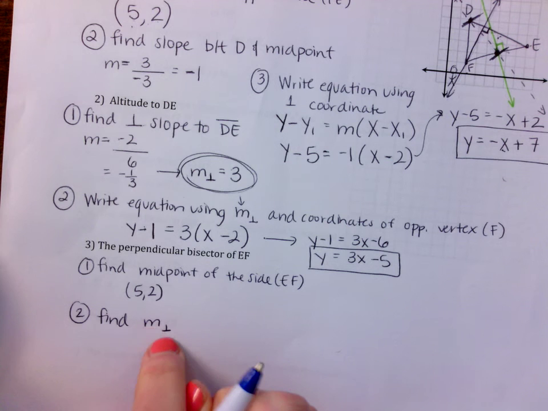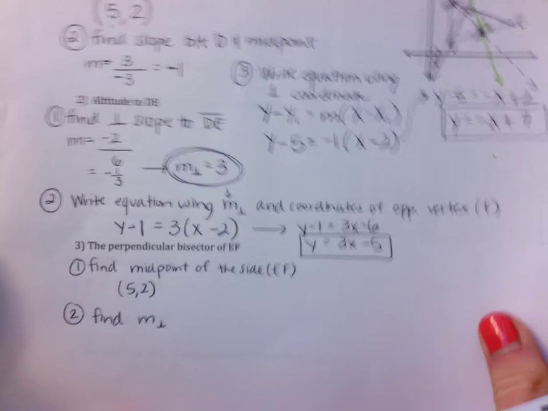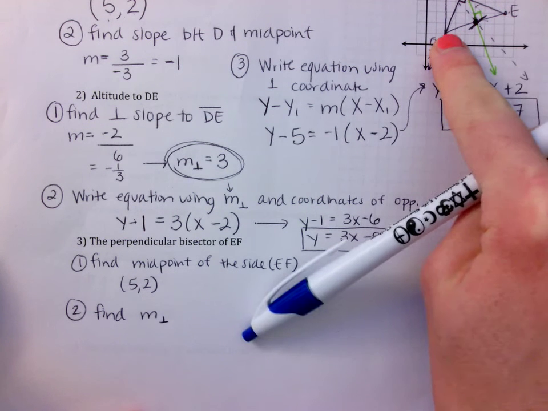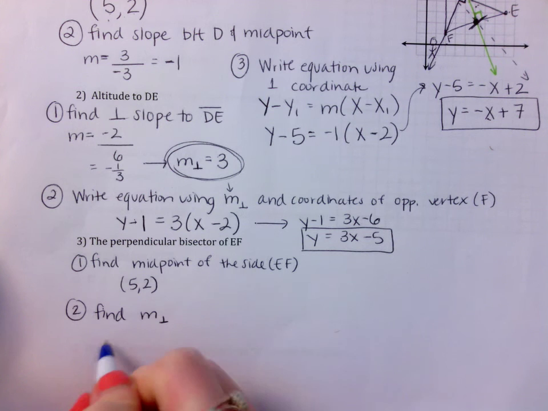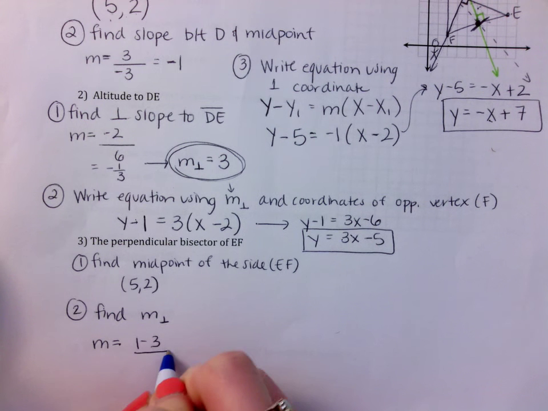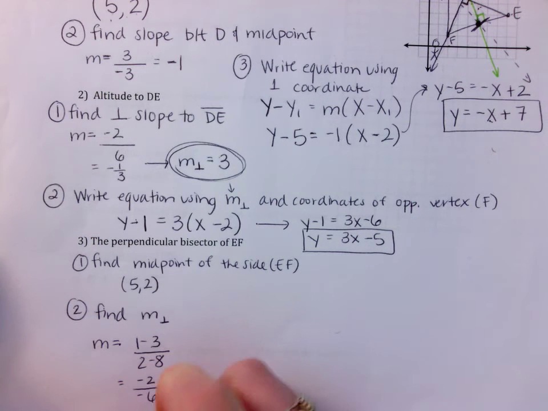Again, this notation just means perpendicular slope, and to do that, we're going to have to find first the slope of EF. We have the coordinates for that. They're up at the top. I can't show you because they're already listed, but essentially you're just finding the slope, and that would be 1 minus 3 over 2 minus 8, which is negative 2 over negative 6, or 1/3.